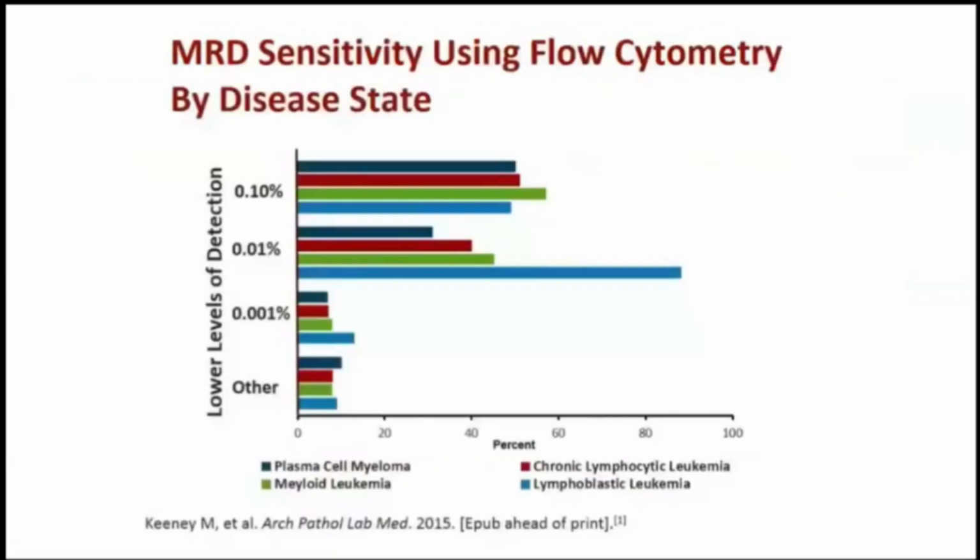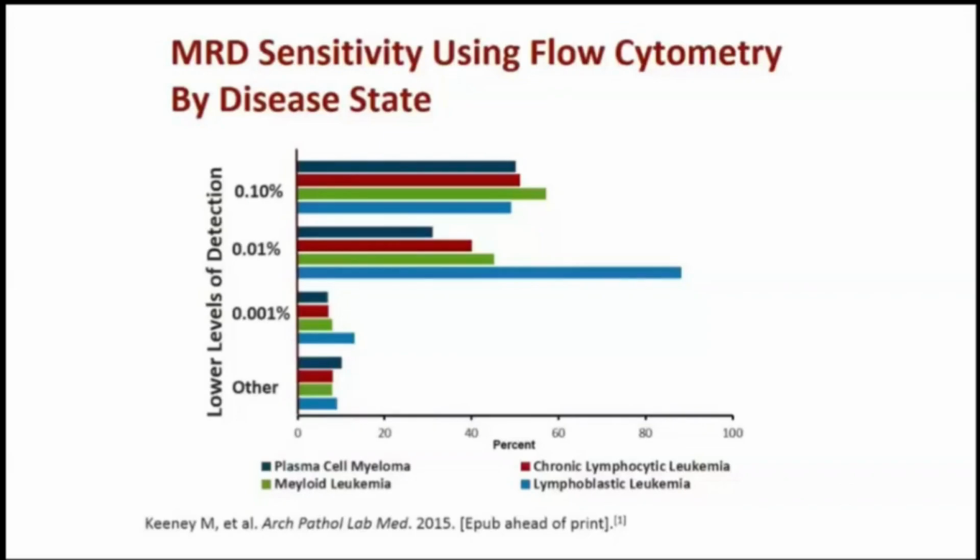So different diseases have got different MRD. In fact, we have 4 groups of diseases: myeloma, myeloid leukemia, lymphocytic leukemia, and lymphoblastic leukemia. And in all 4 diseases, MRD is being used. But definitely ALL was the one disease where we reached a sensitivity of 0.01%, even less than 0.01.